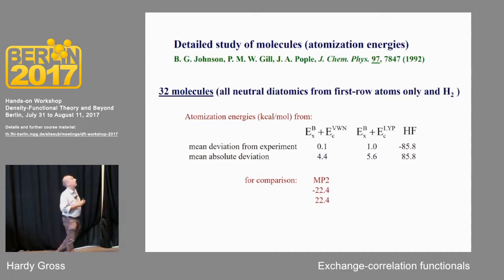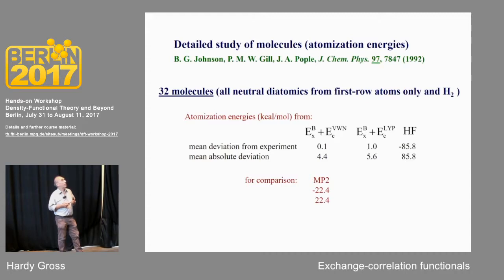So their comparison of 32 molecules was compiled. That's all the neutral diatomics that you can form from first row atoms, and you include H2 as well. And you calculate the atomization energies with these two functionals, the Becke 88 functional and the LDA, or here the Becke 88 with the LYP functional.